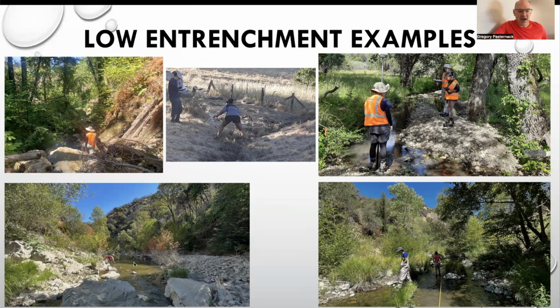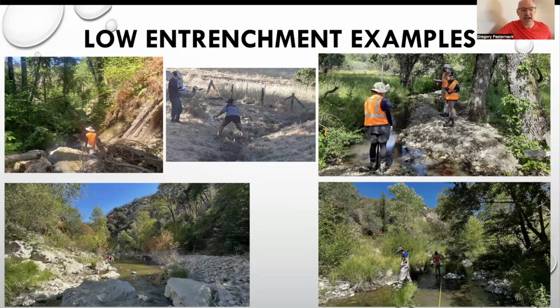In the bottom left, we have an alluvial floor, but the channel is the entire width of the confined valley. So even though there's alluvial sediment here, this sediment floods annually and is part of the active channel.